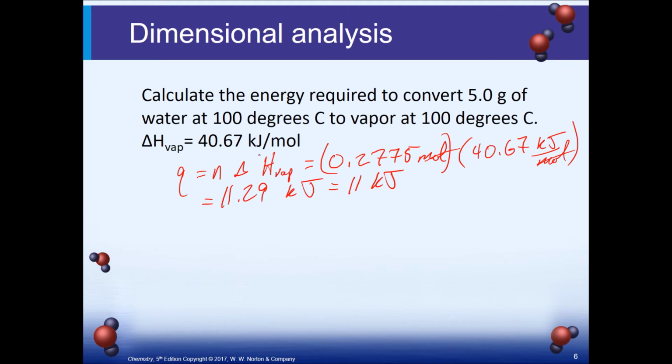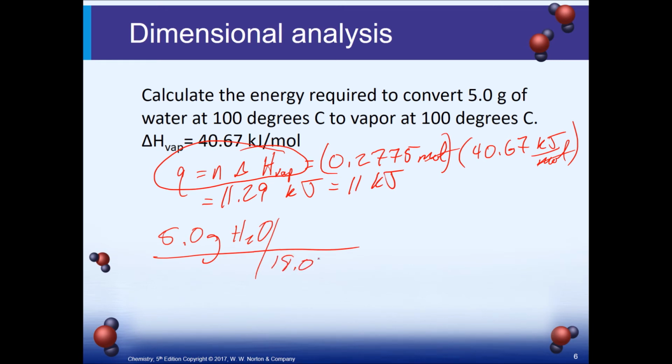Now again, if I don't want to have to memorize this equation, what I can do instead is simply do dimensional analysis. So once again, we can just start with our 5.0 grams of water. Okay, and convert into moles just like we did previously using our formula weight. So we have 18.015 grams per 1 mole.